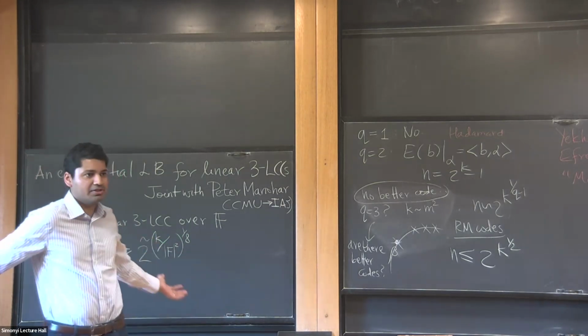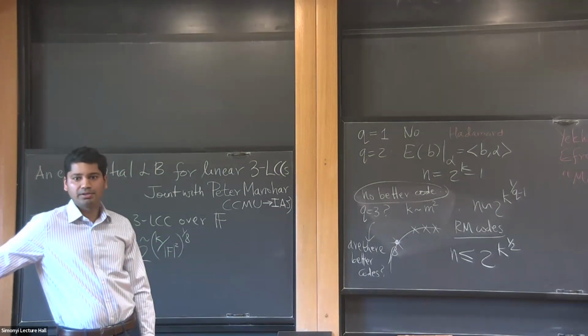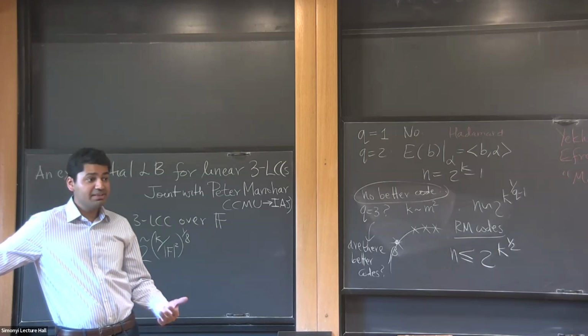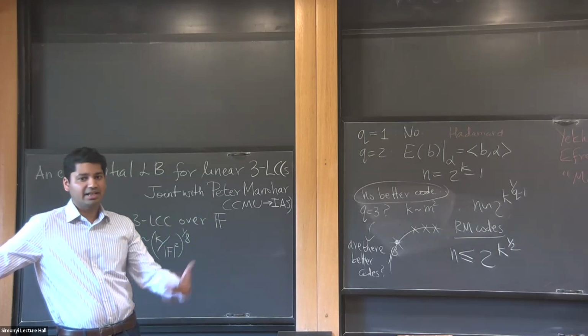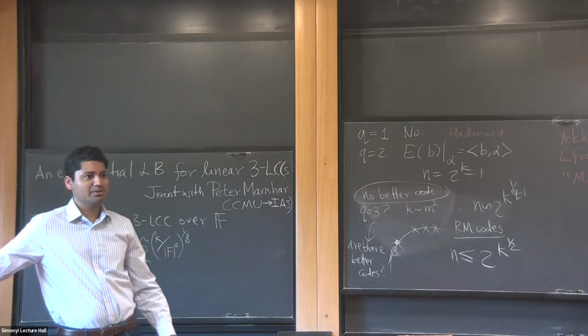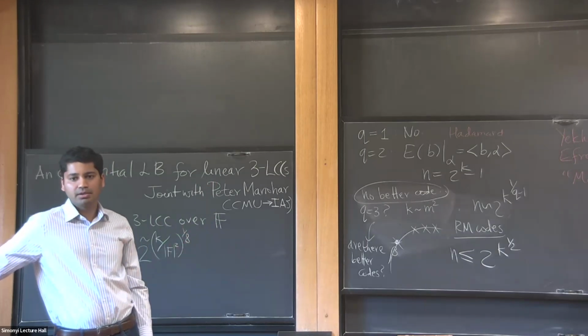Think of F as a constant or at most polylog in the codeword length. You could in principle design codes over huge fields, and they would be very interesting objects. That's one of the topics I'm not going to talk too much about, but you can ask Zev about. So this result says nothing about LCCs over very large fields.